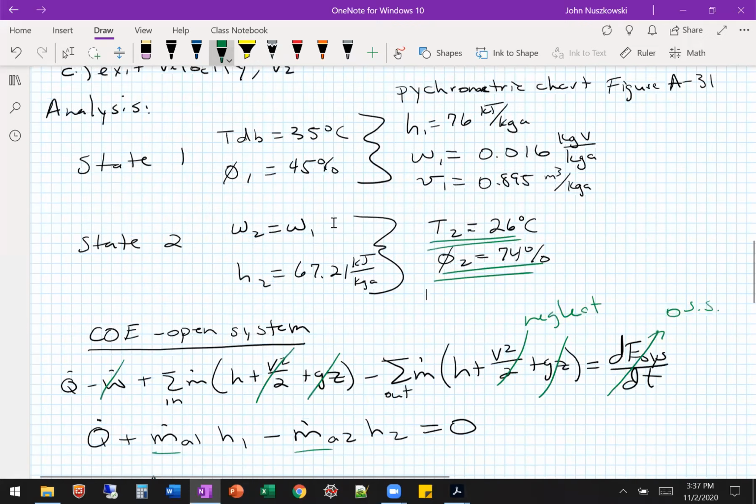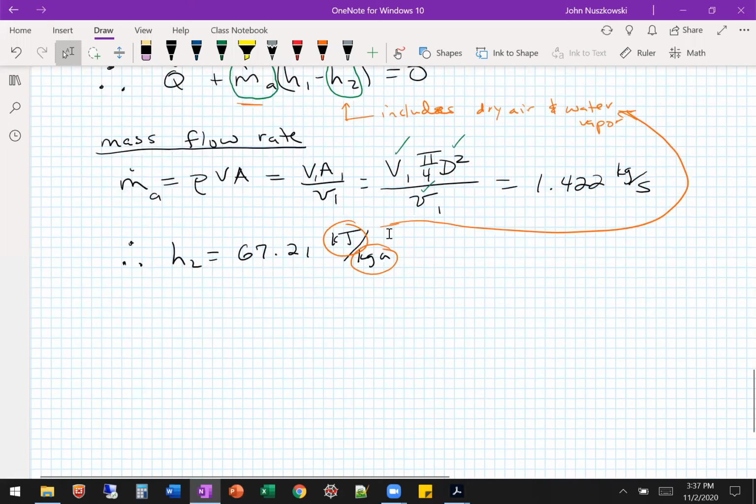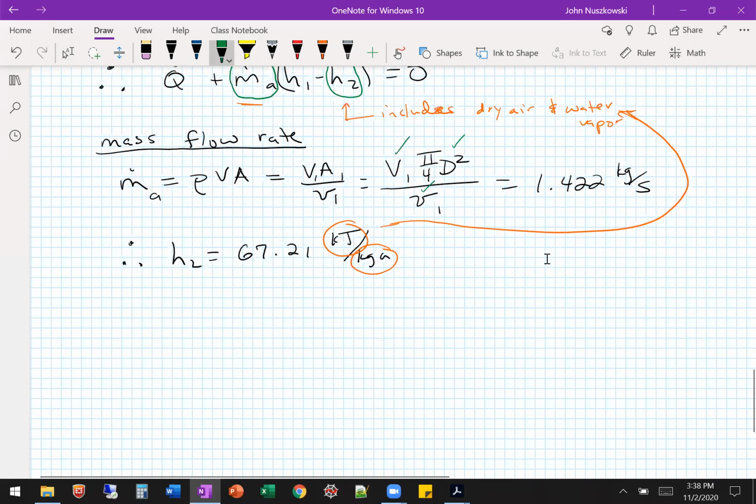How do we do that? Any ideas? The mass flow rate, maybe. Yes, the mass flow rate of dry air is the same from inlet to outlet, so we can relate it.